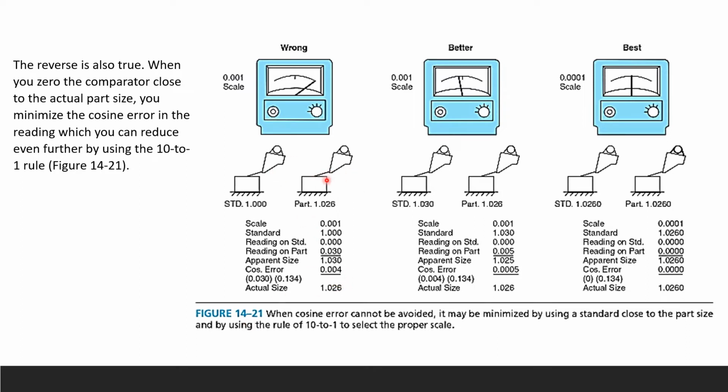So the actual size that we've got is 1.026. Again, don't worry about how to read precisely, okay? At the same scale, the standard is here, 1.030. Reading on the standard is 0. Reading on the part is 0.005. Apparent size, you add them up. Your cosine error is 0.0005. And your actual size is 1.026.